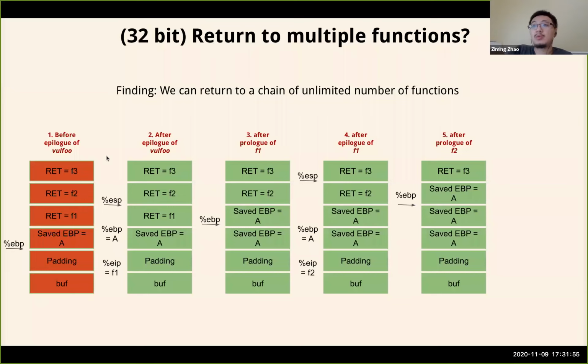How ROP works is very similar to this, but on the stack we do not necessarily put only return addresses, or only code pointers. We can also put some data on the stack.